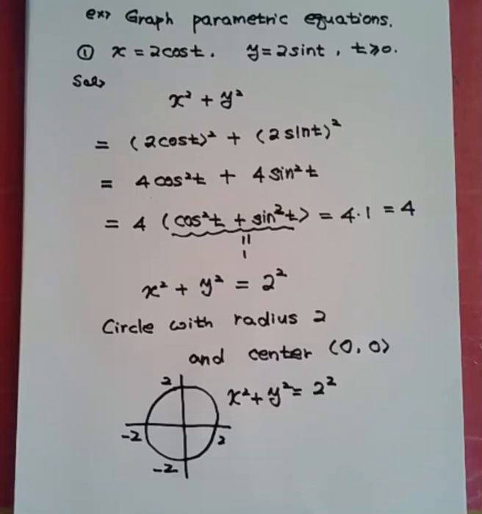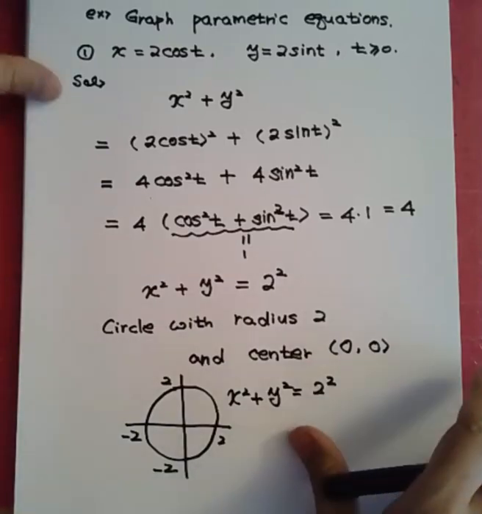I said in parametric equations, there are three aspects. One aspect is trace. We figured out the trace, and now direction and speed. Direction and speed can be figured out by actually evaluating according to t.